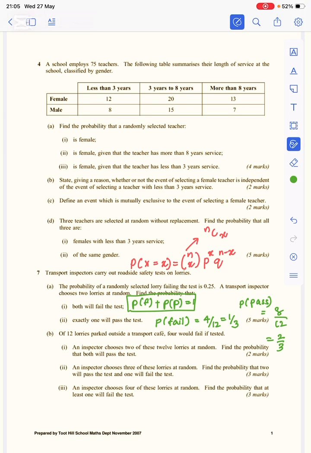Okay, an inspector chooses 2 of these 12 lorries at random. Find the probability that both will pass the test. Both will pass the test.